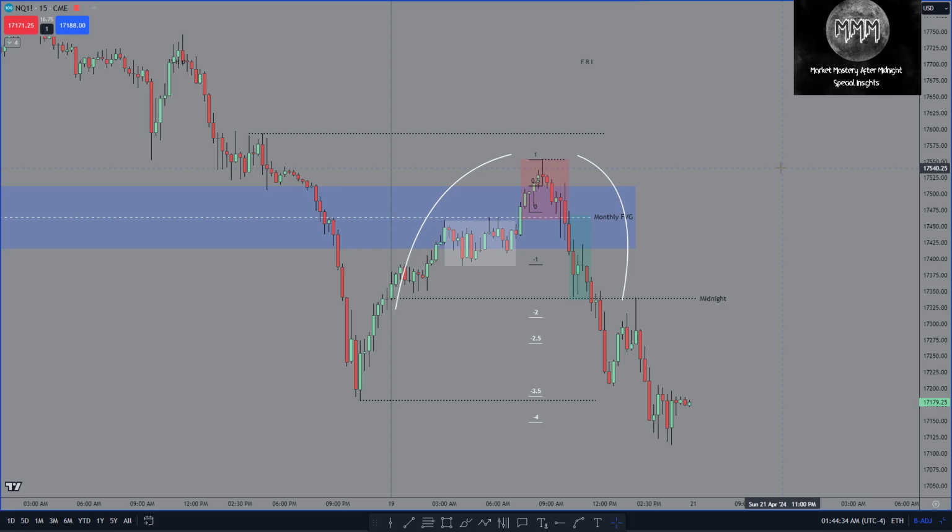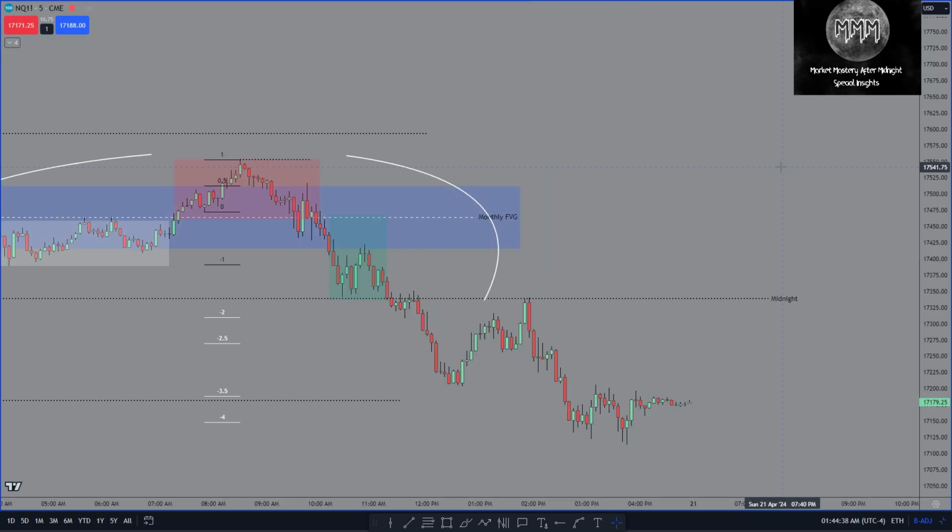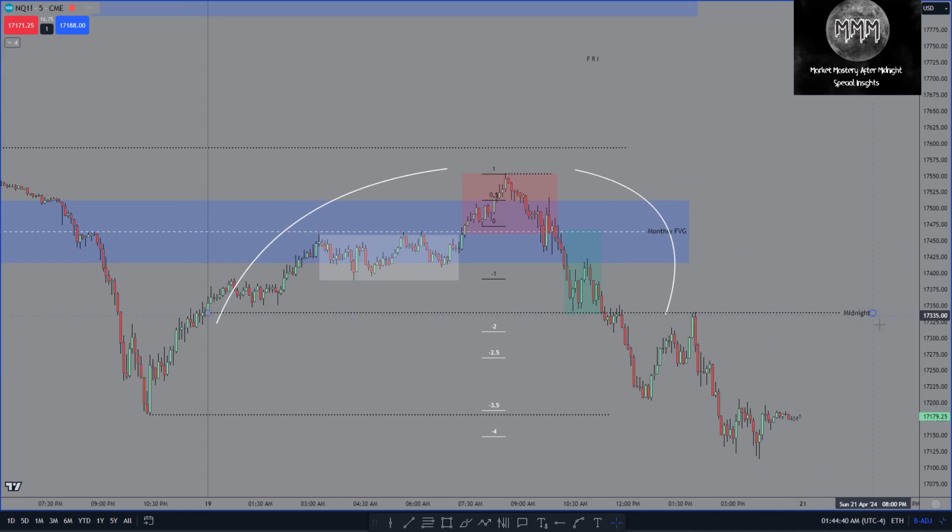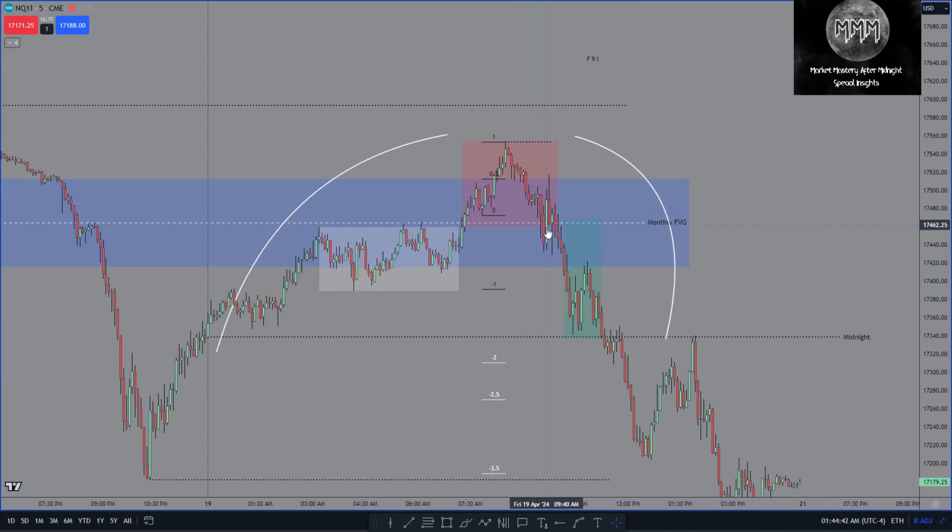That was the idea, and that's why I look for the lower time frame SMT to confirm the idea, because it came inside the market maker sell model once we confirmed the breaker, okay? So you're seeing why I focus on midnight price and breakers. They are very key within the development of a market maker model. And then when you add in standard deviations, the accuracy is wild.